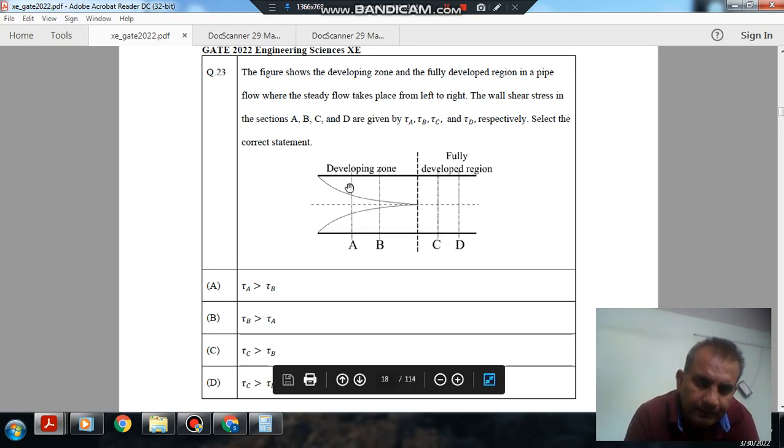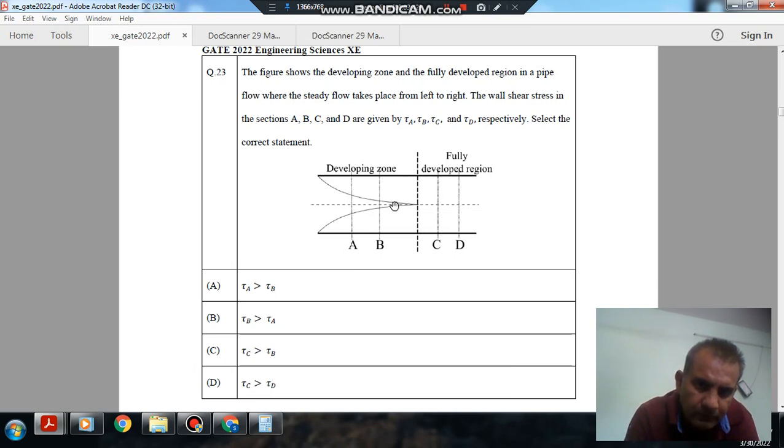So we can see that here the velocity is uniform in this region, and here the velocity is variable. Here the distance is lesser as compared to this distance, and the shear stress is tau equal to mu du by dy.